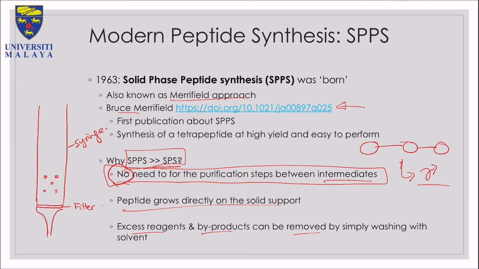If you have a solid support, the solid support will just stay in the filter, while the reagents, byproducts and whatnot will just be drained out. Okay, so it's way easier and way faster to drain out a solution rather than to evaporate it. So that's why SPPS has a bigger advantage compared to SPS.